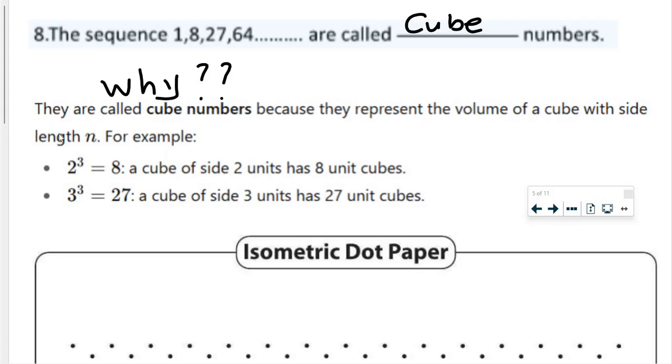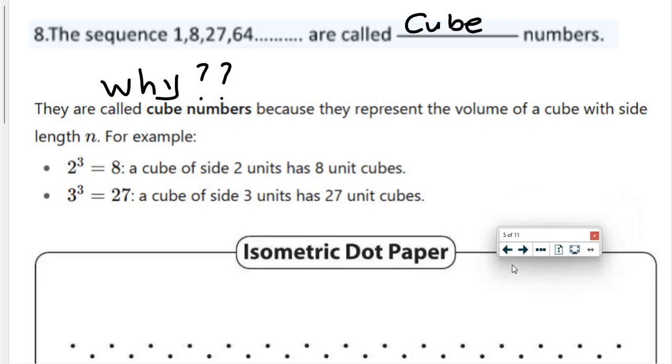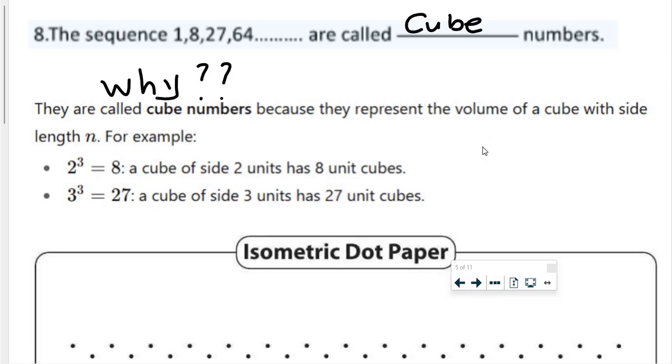What is the reason? They are called cube numbers because they represent the volume of a cube with side length n. For example, if you have a cube, I think everybody knows how a cube looks like.